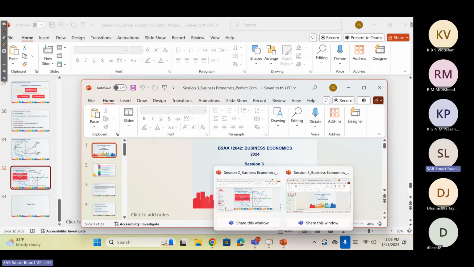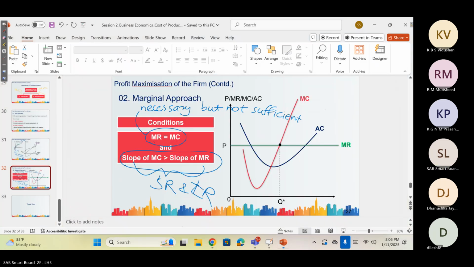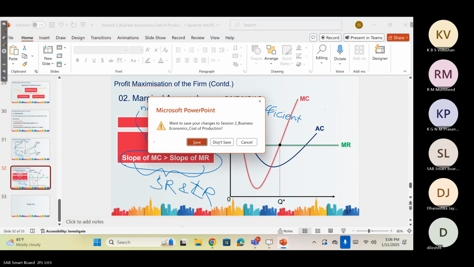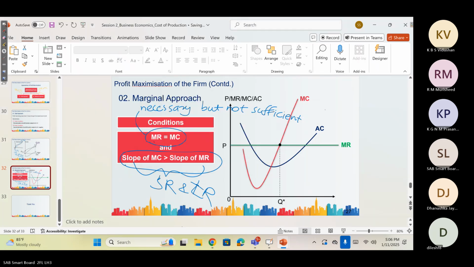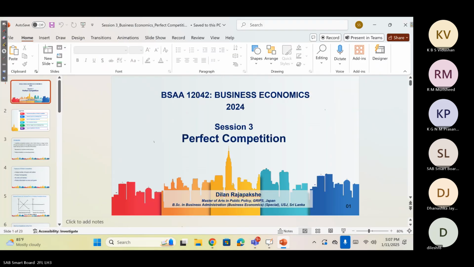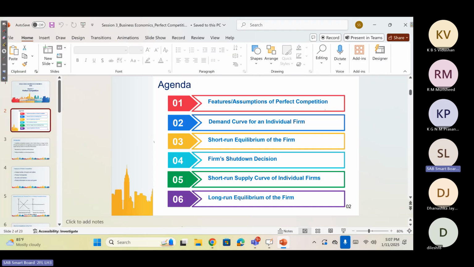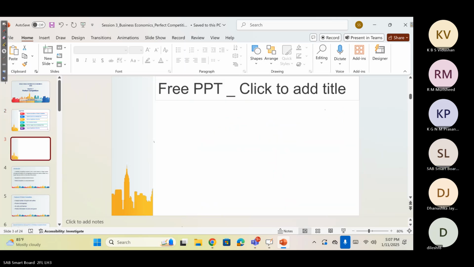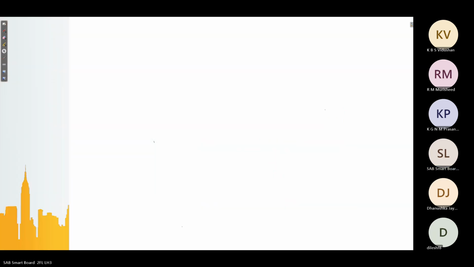It's about market structures. We basically talk about 4 market structures. Most of you have done economics in your levels. What are the 4 market structures?